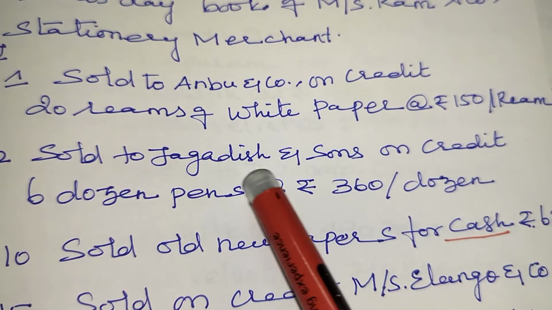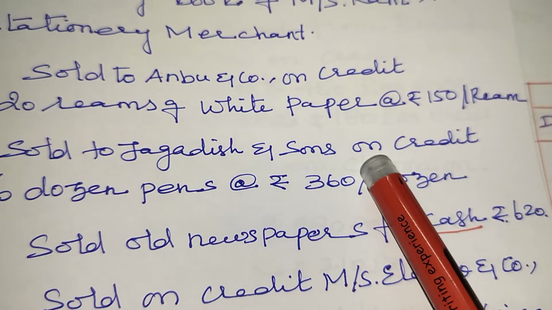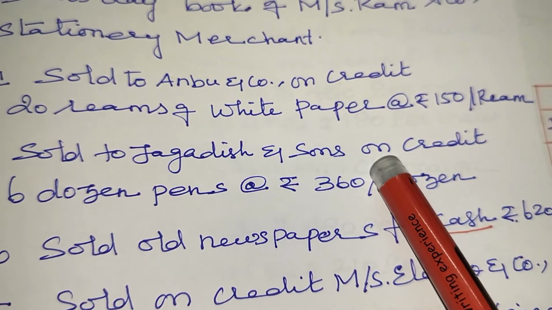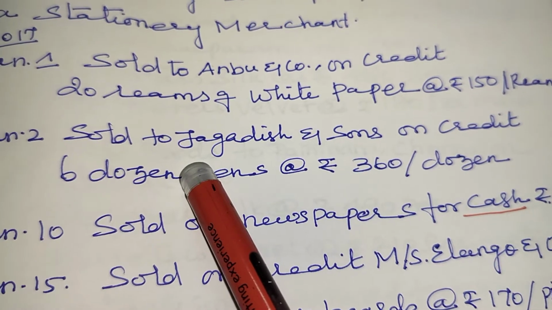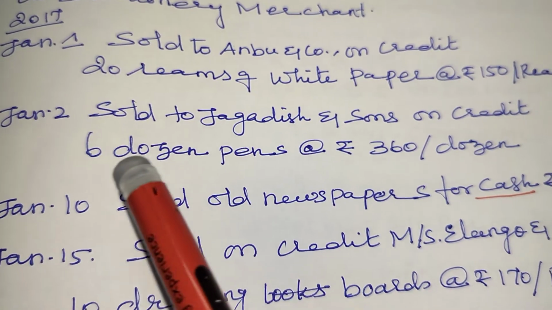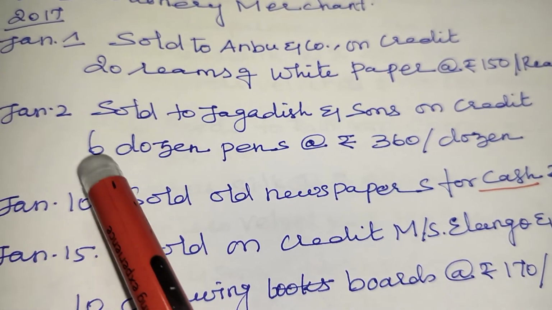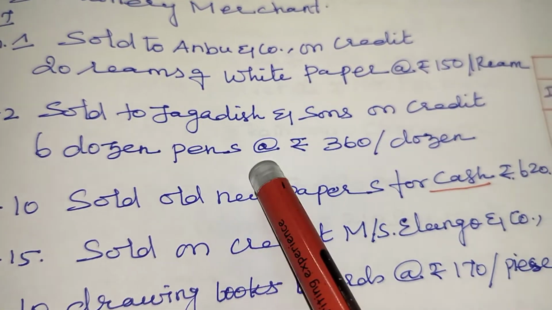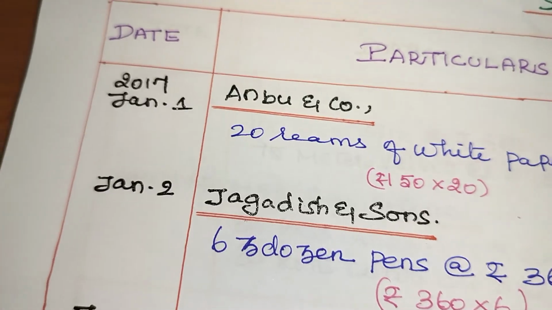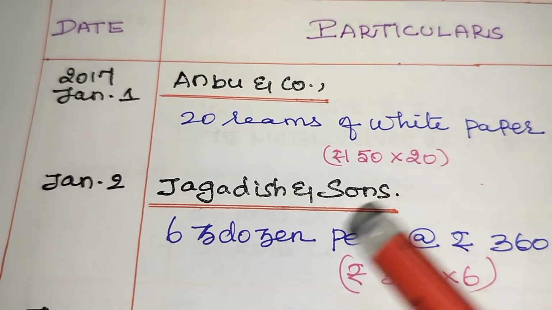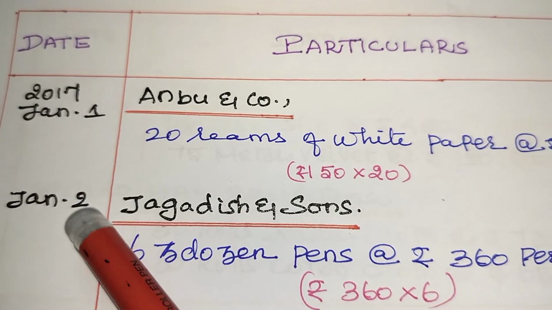Then the next transaction is January 2, sold to Jagadish and Sons on credit. What does this transaction tell us? This transaction clearly tells us this is a credit sale, so you can enter this transaction into the sales book. What details are given here? 6 dozen pens at rupees 360 per dozen. So January 2 is entered in the date column.